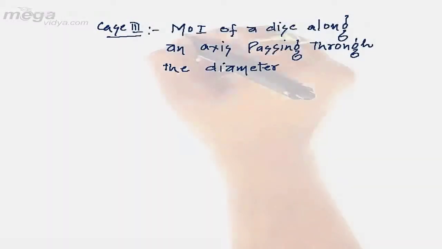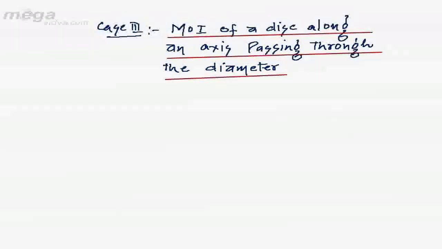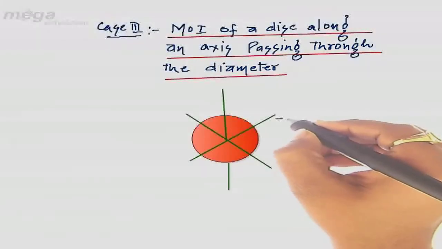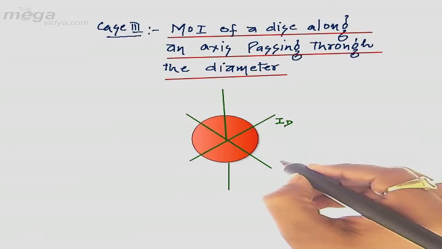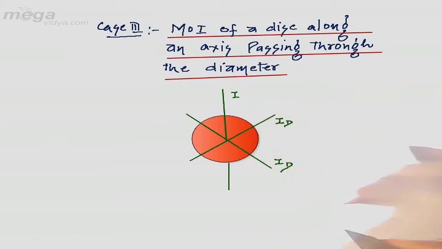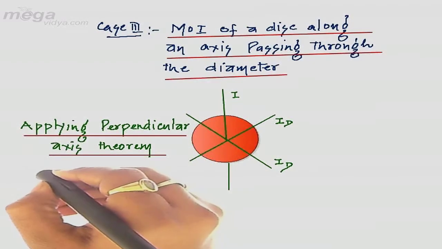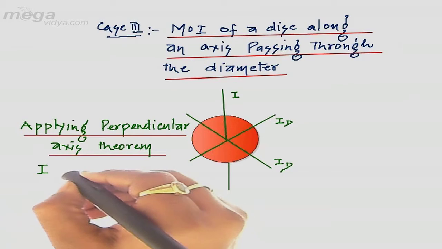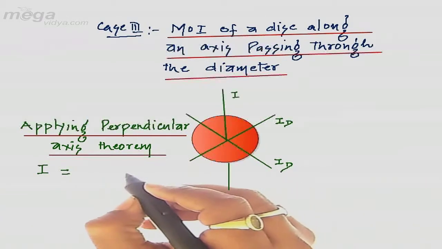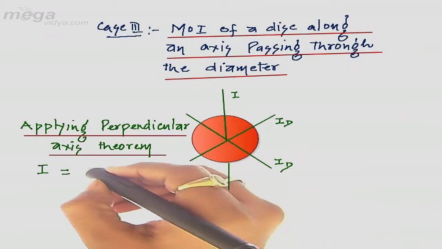Again take another case. In this case, we are going to calculate the moment of inertia of the same disk across an axis passing through the diameter. For this case, again we are going to take a disk. Let us consider the moment of inertia along the diameter to be I D, and the moment of inertia along the centroidal axis to be I. Applying the perpendicular axis theorem, as we have already studied, the moment of inertia along the centroidal axis I can be written as the sum of the moments of inertia along the respective diameters, because all three axes are perpendicular to each other.